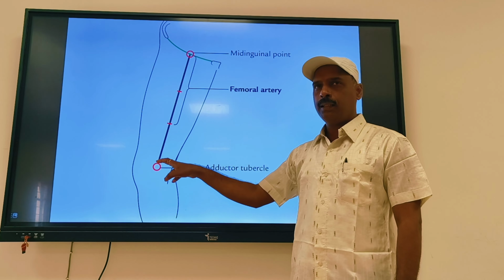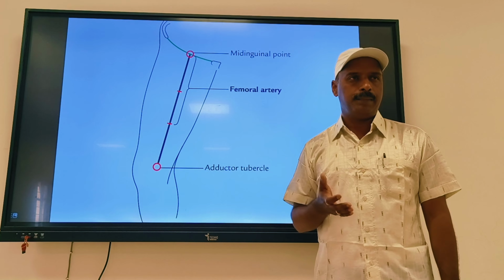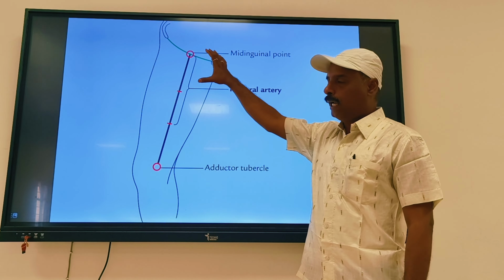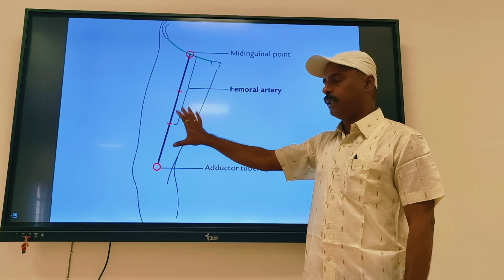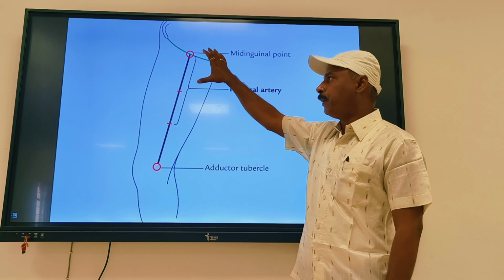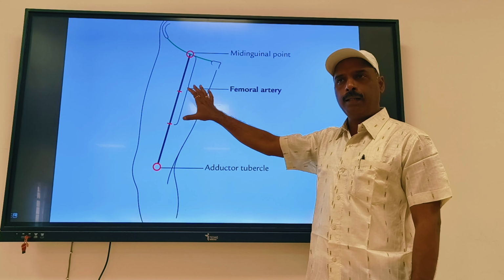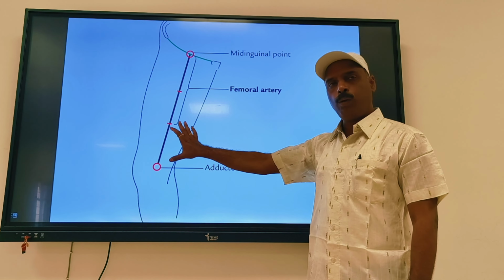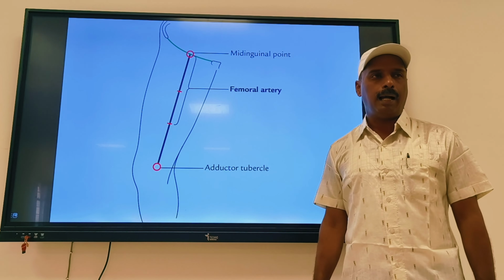The line joining these represents the femoral artery surface marking. You can divide it into three parts: upper 1/3, mid 1/3, lower 1/3. Upper 1/3 is the femoral artery in the femoral triangle, mid 1/3 is the femoral artery in the adductor canal, and lower 1/3 continues as the popliteal artery.